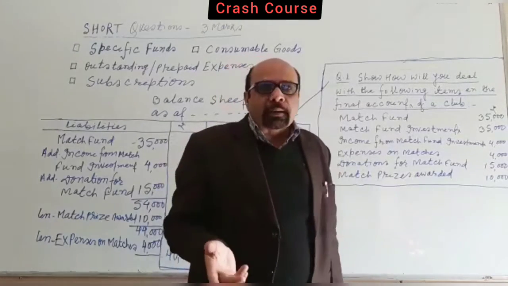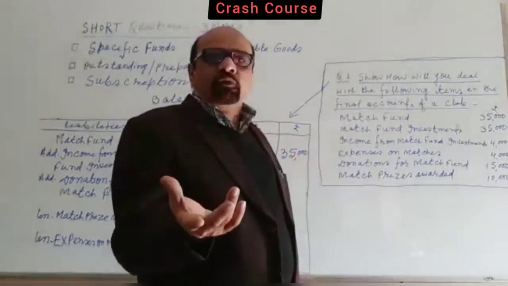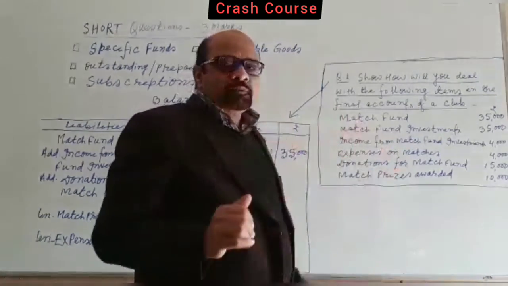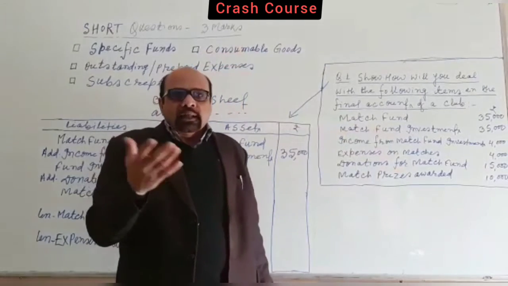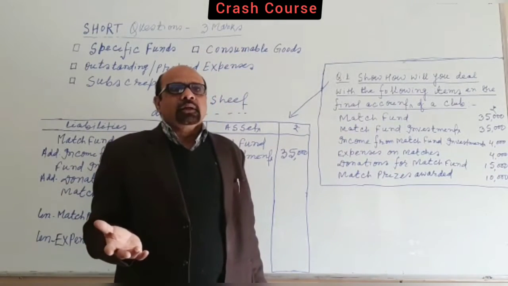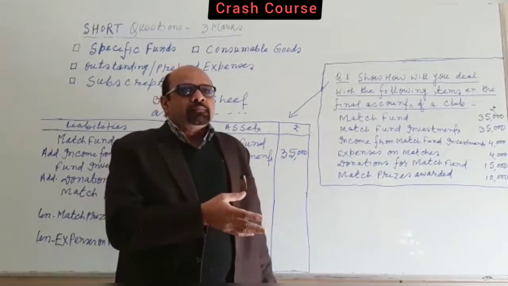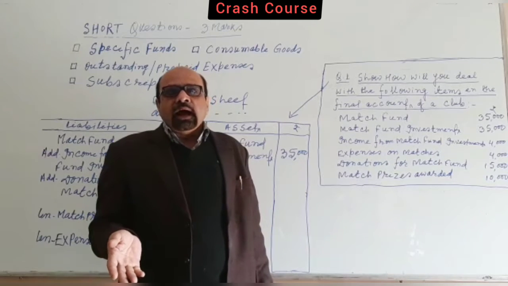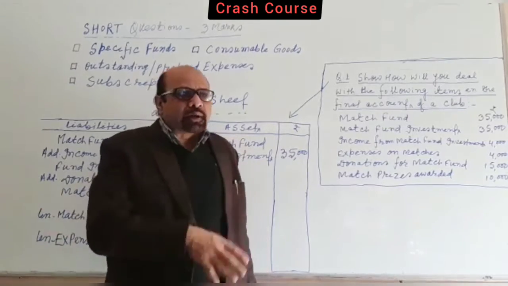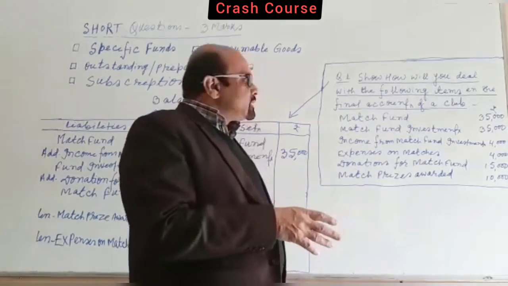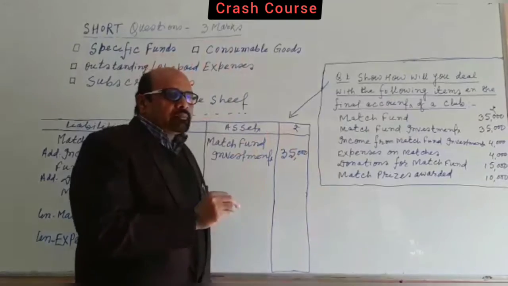Another name of capital fund is general fund. This is fixed and final. Apart from this, there are so many other specific funds like match fund, sports fund, and different types of other funds, right, which are prepared by the non-trading organization for a particular purpose.